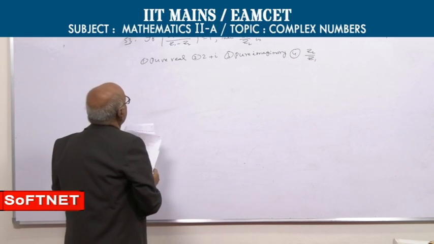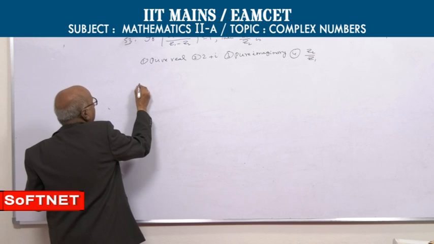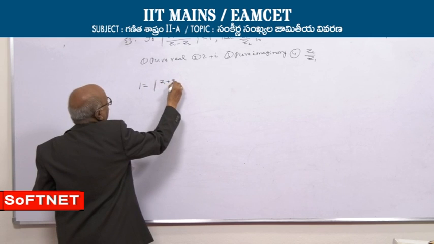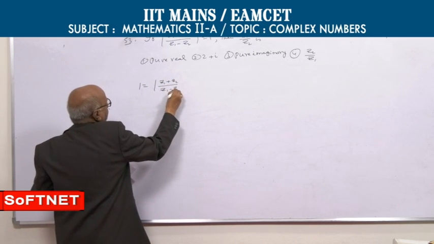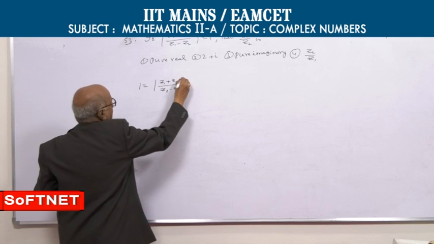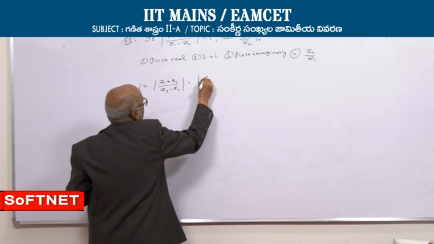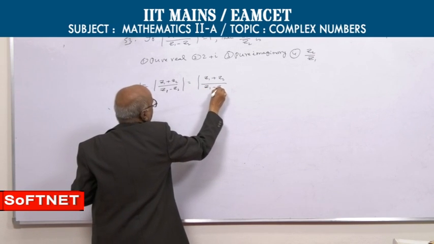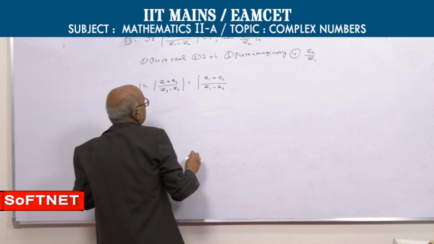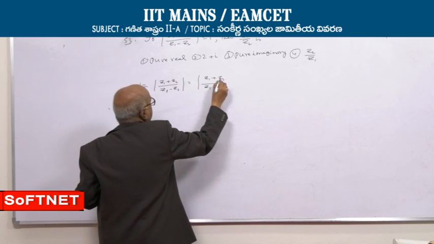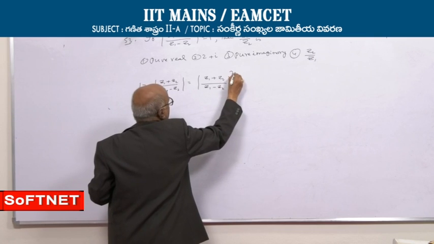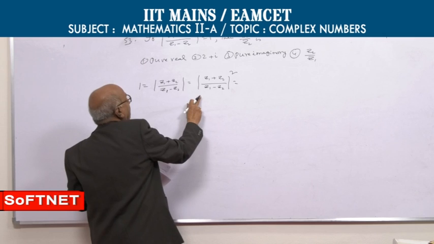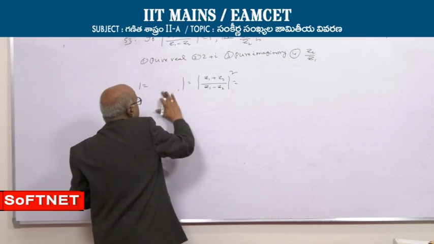Right? So now we know that 1 is equal to mod of z1 plus z2 by z1 minus z2, which is mod z1 plus z2 by z1 minus z2 whole square, because it is 1 itself. Or if you want, I will skip this step.